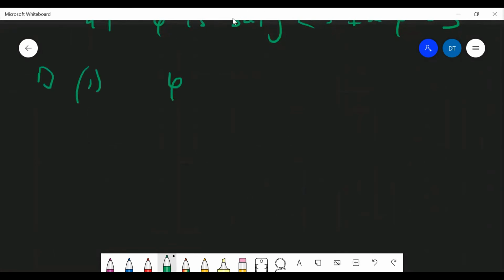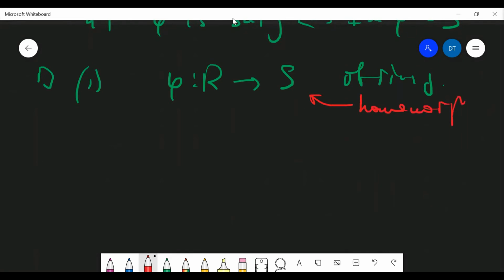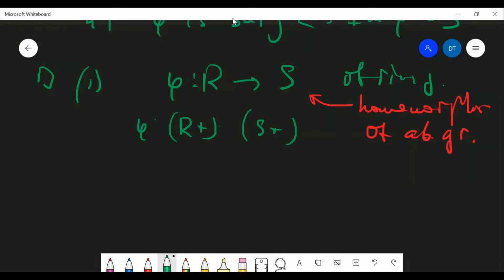Let's see what we have. We have a homomorphism of rings. If I forget about multiplication, this will be a homomorphism of abelian groups. I mean, when you consider R plus and S plus, this is a homomorphism of these abelian groups.